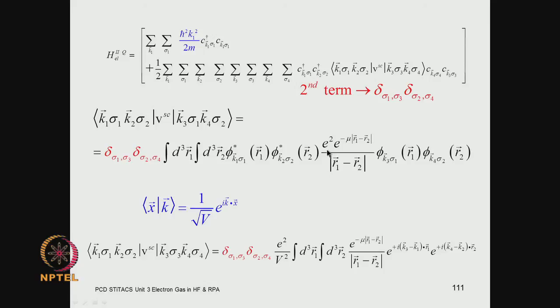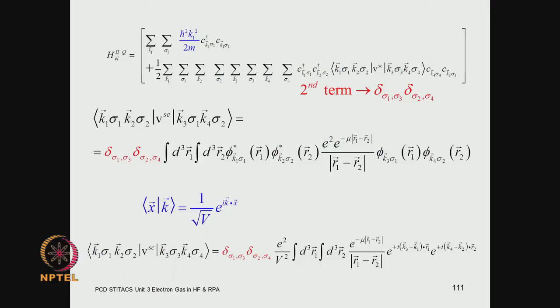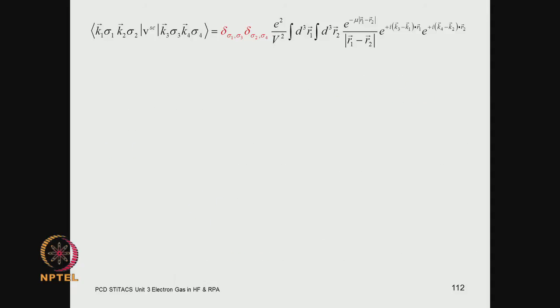You have got the e square coming from here, and now you have these integrals. Now, I am going to do a little bit of simple mathematical manipulation, which is very straightforward, but just to make sure that there is no mystery about how we are handling those terms, I will point out how this manipulation is done. It is like undergraduate mathematics, nothing more than that, but it is nice to see that we are not mixing up the terms.